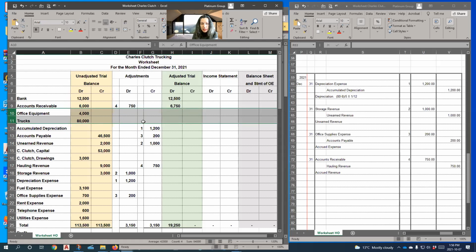There's no adjustments made to these accounts. So we've got 4 and 80. So continue on, please. Please complete the adjusted trial balance.